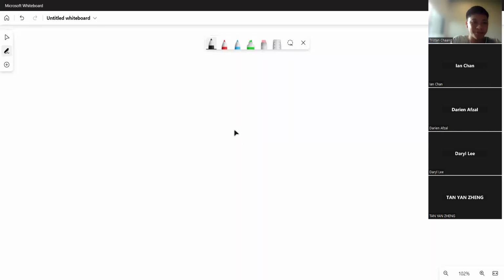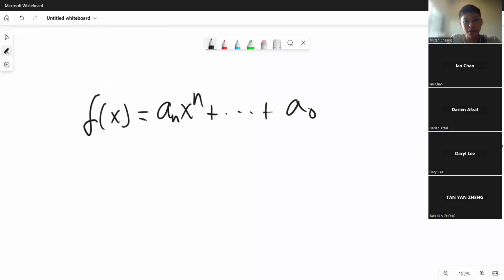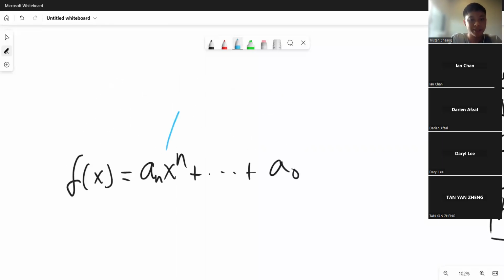Well, so let's say f(x) is a_n x^n plus blah blah blah plus a_0. A few ingredients that you have to know. Remember, we say the first term always dominates. That happens in the real numbers, but apparently that happens in the complex numbers as well.